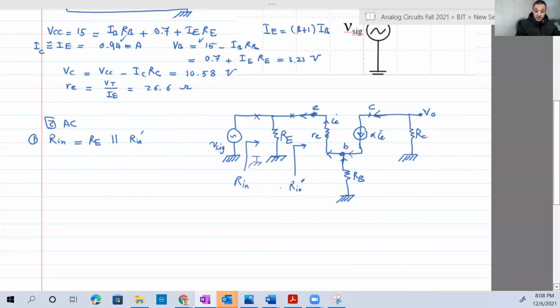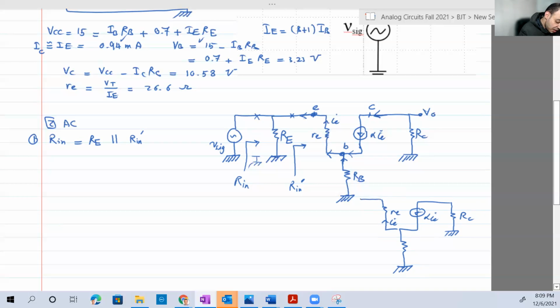So let's calculate Rin dash. Okay. So we're going to have another simpler circuit here: alpha IE, RC, and RE small, and IE is going up.